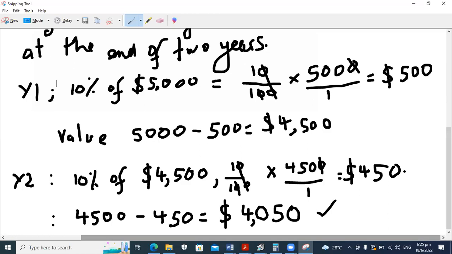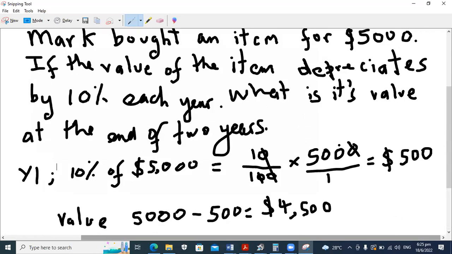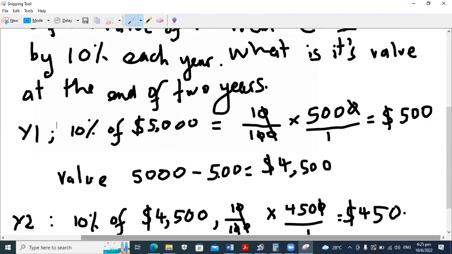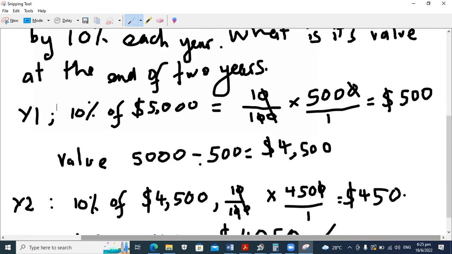No, sir. All right. Now suppose it didn't say depreciation. Suppose it was compound interest. You wouldn't subtract, you'd add. So you do the same thing, but you just keep on adding the money.